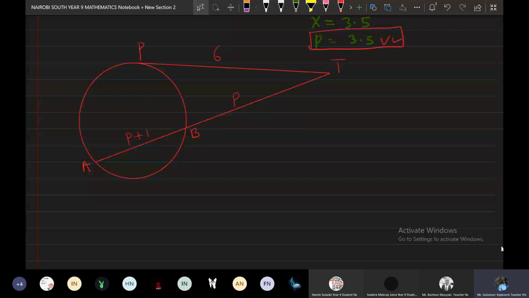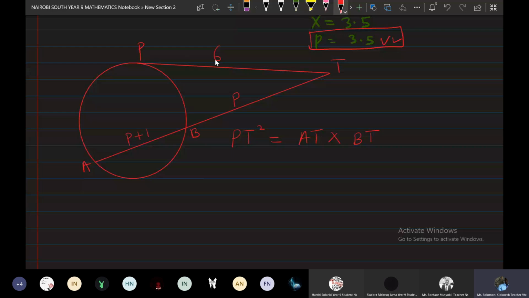You identify your tangent. You can see that PT is a tangent. So we always say PT squared equals the whole of this line, which is AT, multiplied by the one outside, which is BT. Yes, tangent squared equals the whole of this line times the one outside.